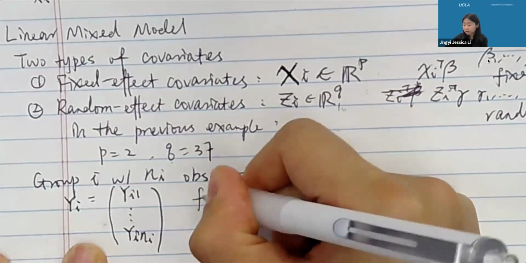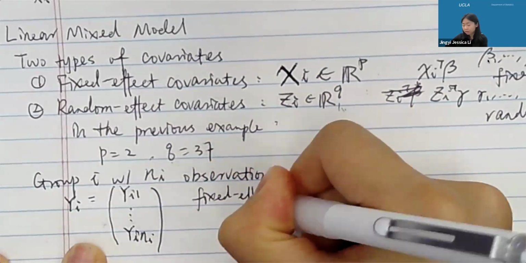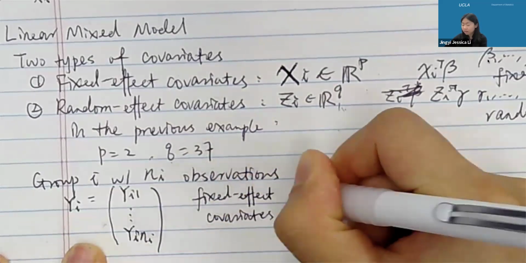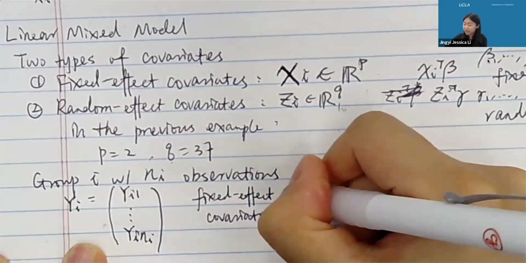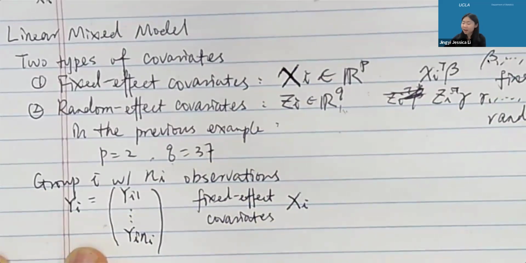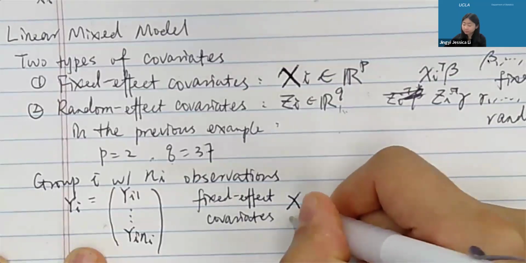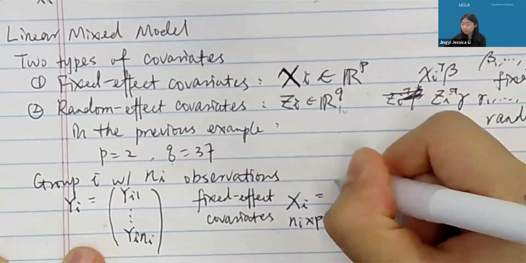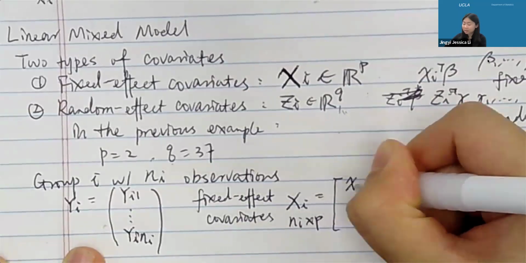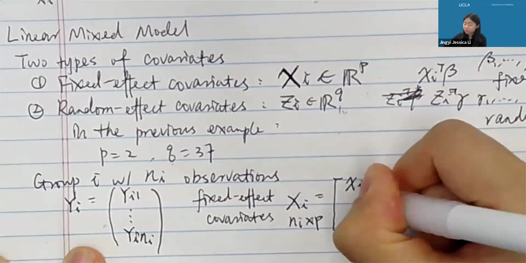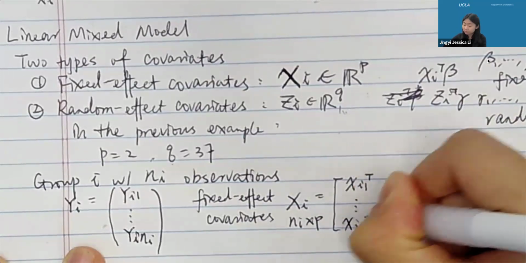The fixed effect covariates, we call that the design matrix xi, and it's ni by p dimensional. If I write it out by row, I just write xi1, the first observation in group i, to xip.